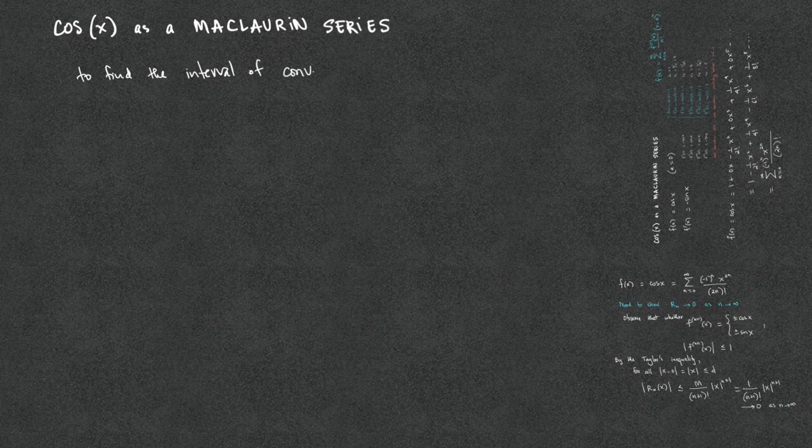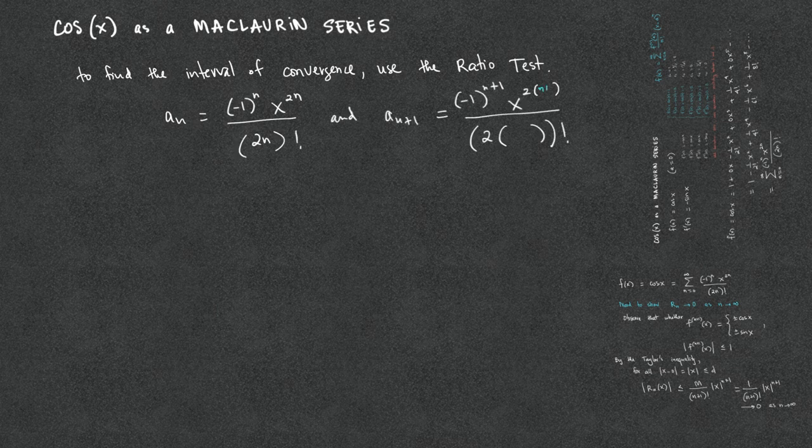To find the interval of convergence, we use the ratio test. With the a sub n term being negative 1 to the n, x to the 2n over 2n factorial, a sub n plus 1 is found by replacing n with n plus 1. And so a sub n plus 1 is x to the 2n plus 2 over 2n plus 2 factorial.